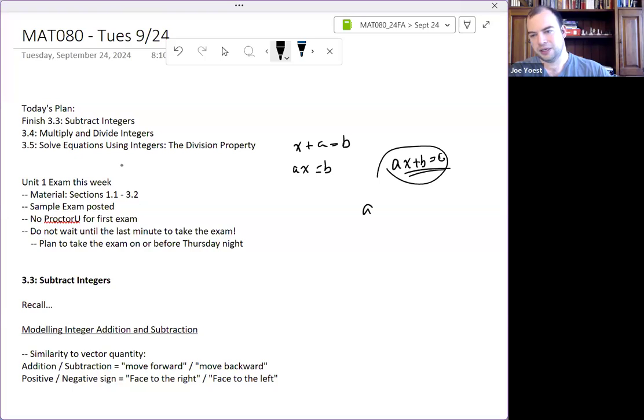So even something like ax plus b equals cx plus d looks really complicated, but at this point, we basically have all of the tools that we need to solve such an equation. We just need to put them together in a little bit of a different order. We need to be careful about the order we put them together in, but we've got all of the tools created, so to speak, with our different equation properties.